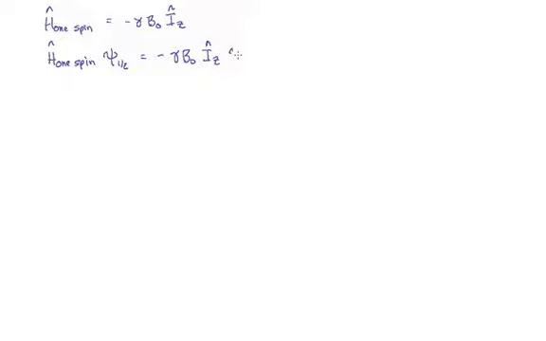There's the operator operating on this. Gives you a half Iz operating on it. We can represent that in frequency units by the Larmor equation.